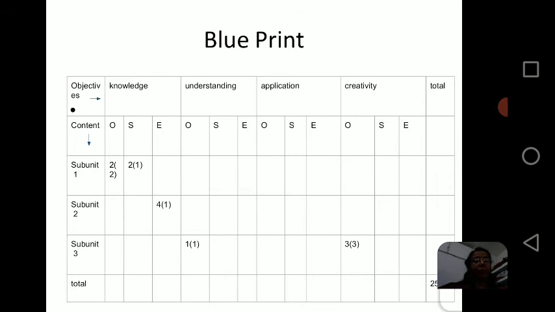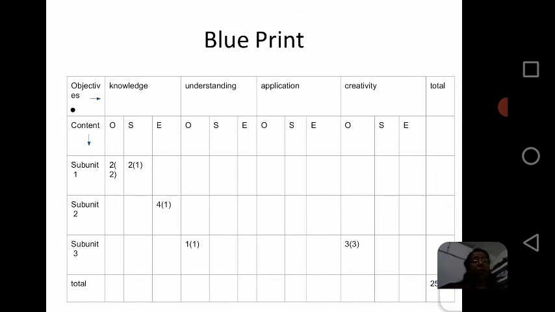And this blueprint gives a detailed arrangement, a detailed description of the questions to be included in the achievement test. The teacher can enter the question details in the relevant boxes in the blueprint.